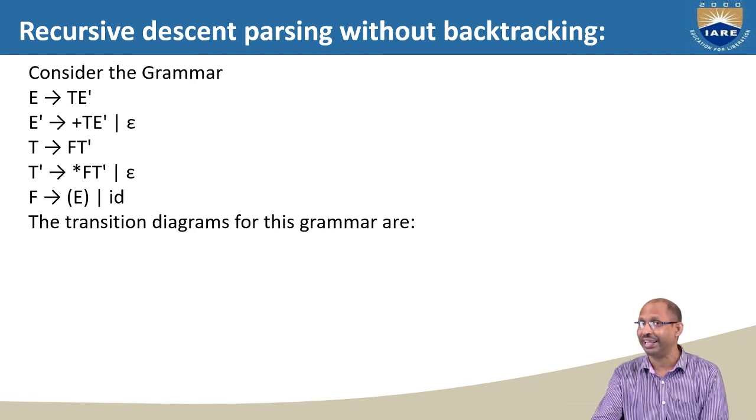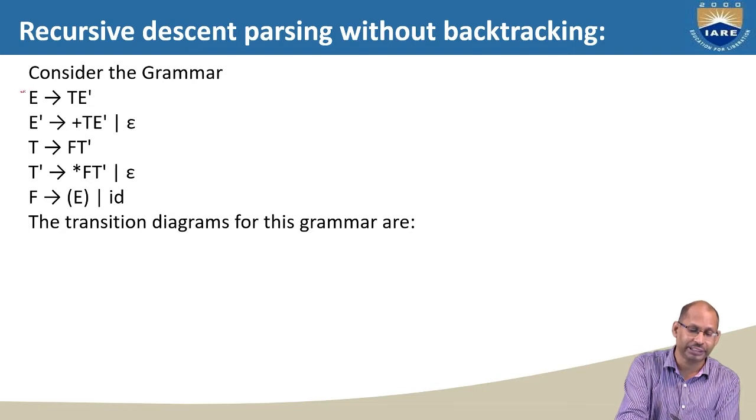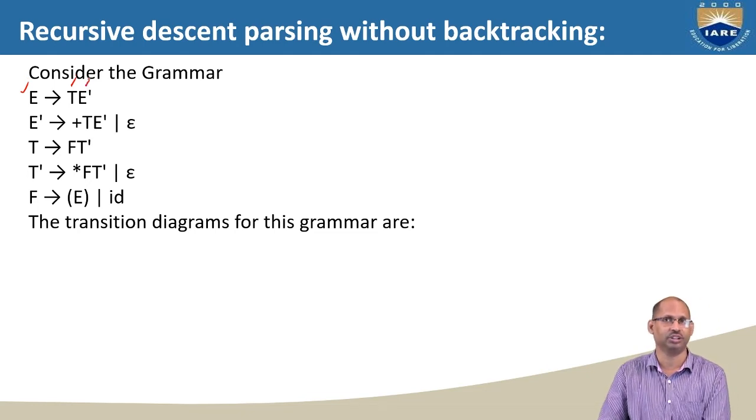E, E dash, T, T dash, F. There are 5 non-terminals, so for these 5 non-terminals, there exist 5 procedures. For example, for the procedure E, it will call the T function. If it returns true, then it calls the E dash function.